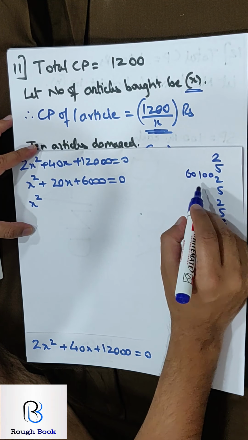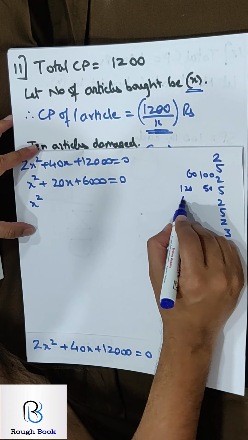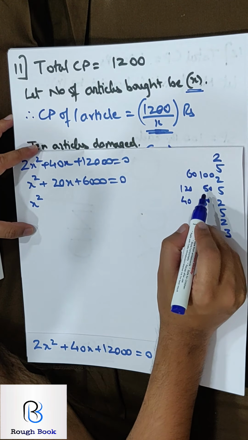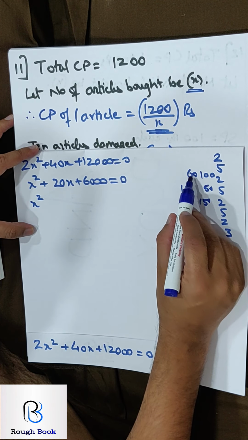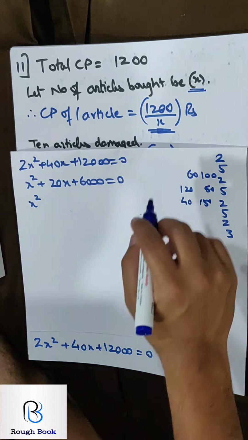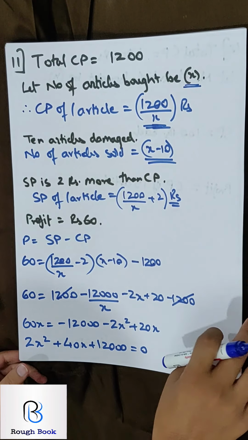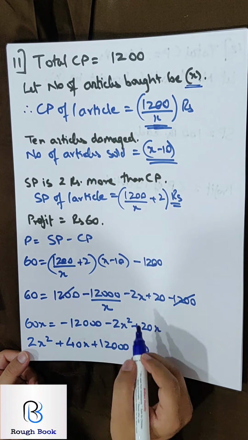So let's send 2 here, so this will be 50 and 120, and let's send 3, so this will be 40 and 150. Nothing is working till now. 160, right? Sorry guys, my distraction, I wrote minus, so this should be plus.